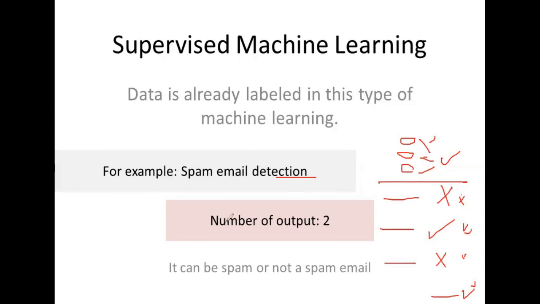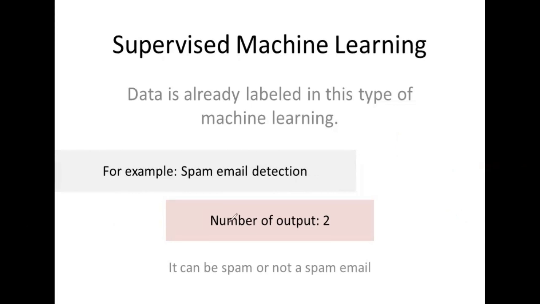So our labels are the things that our model is going to predict. Data is already labeled in this type of machine learning. There are only two outputs: it can be spam or it cannot be spam. These two are the possible labels for this example of supervised machine learning.